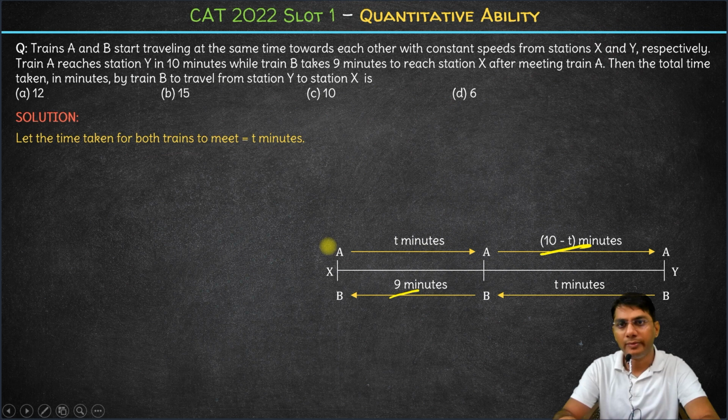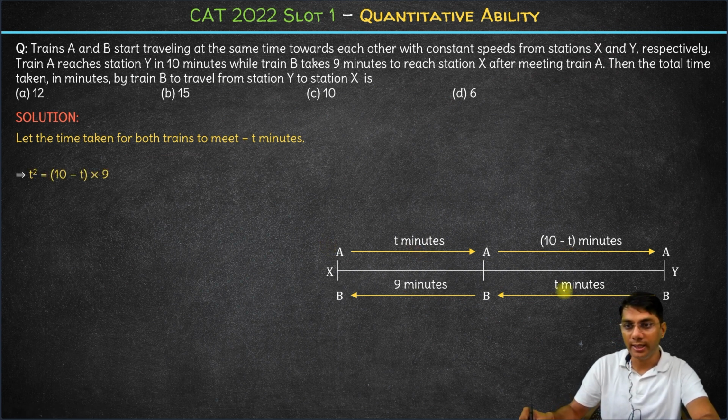If you don't remember this, please go and have a look at the theory of time, speed and distance, where we talk about relative speed and two people moving to and fro between 2 points. In that section, we have talked about this, right? So here we have t square is equal to (10 minus t) into 9. This is what we have. And now we simply need to solve for the value of t here.